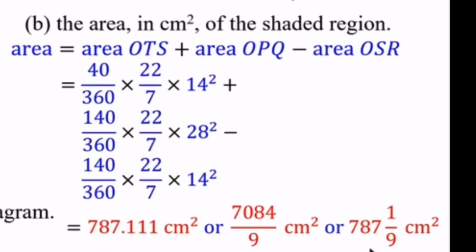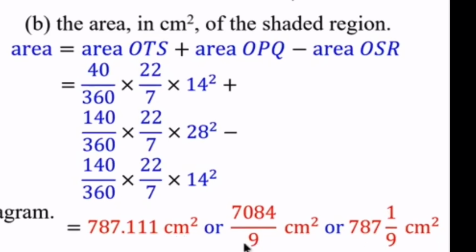So it's 40 over 360 times 22 over 7 times 14 squared. Make sure you double check your radius. And we have to plus the area for the bigger sector, which is 140 over 360 times 22 over 7 times 28 squared.